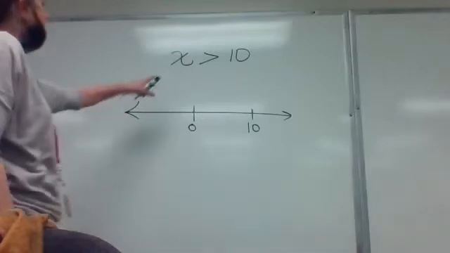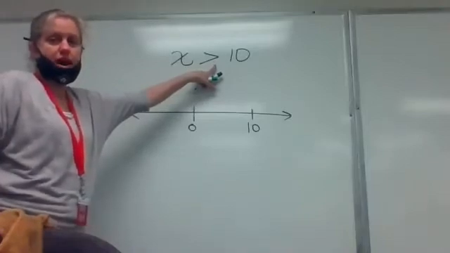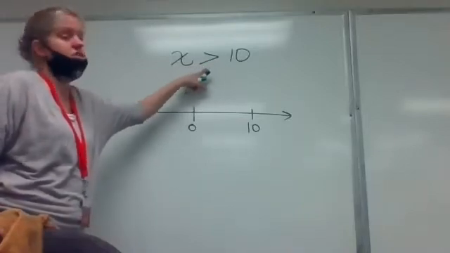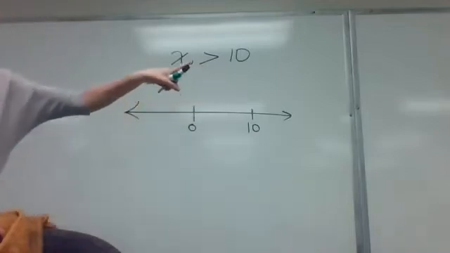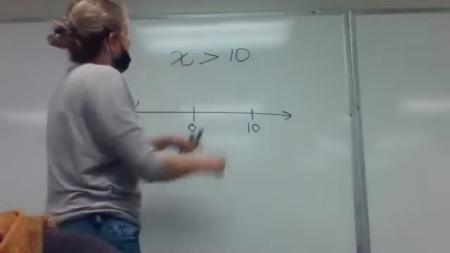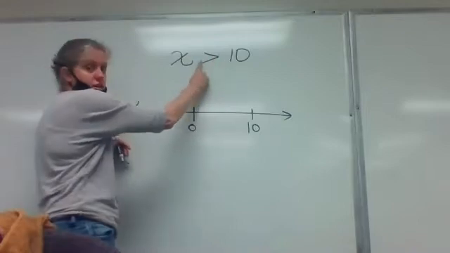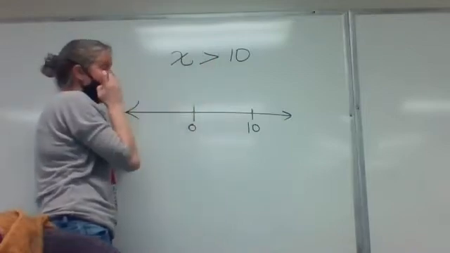So let's see, this time, think about it, you want a bracket or a parenthesis. Since there's not an equal to bar, I'm going to use a parenthesis. Where are the numbers? You can use this to tell you what way your arrow needs to go. Greater than means to the right.